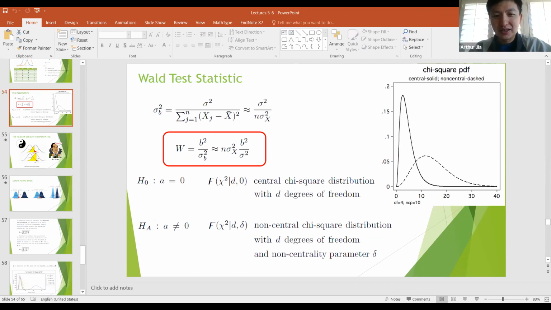So, do you have a chance to try the R code I posted on iLearn? So the chi-square distribution. I provided some R code you can use to calculate different things for the chi-square distribution, like the probability density function, a cumulative distribution, and find the quantile, something like that.